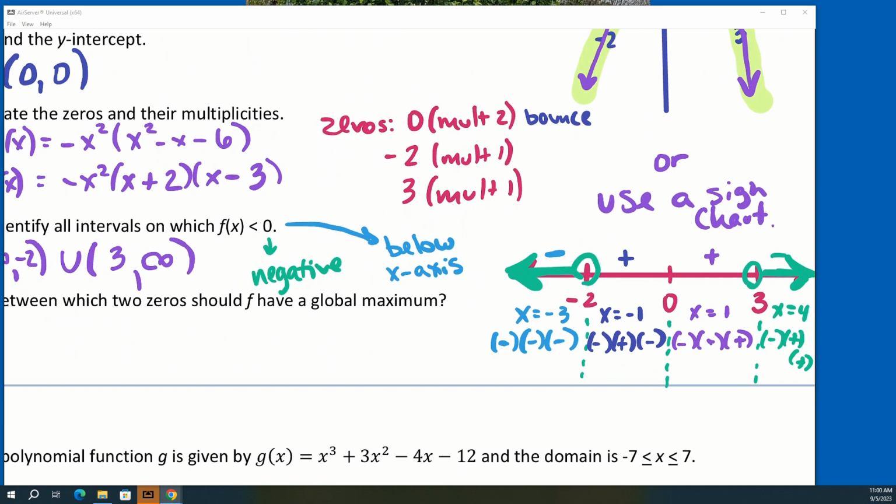Right, and then your answer regions come from whatever gave you negative, because that was what the problem was looking for. And it's the same exact answer that we got using the graph.